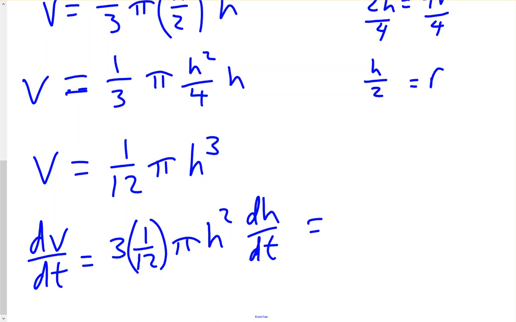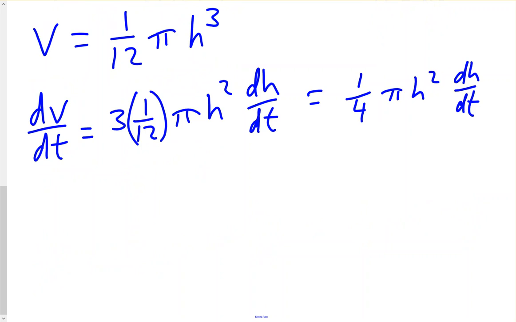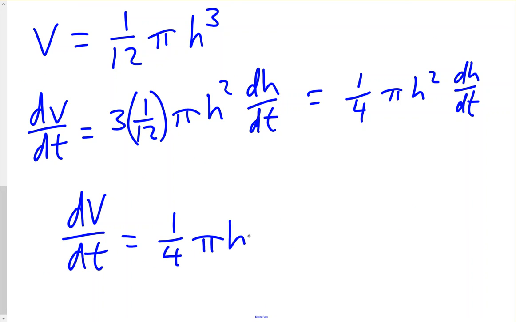Okay, 3 times 1/12, that's 3/12, so 1/4 pi h squared dh/dt. Okay, so now we have our formula, dV/dt equals 1/4 pi h squared dh/dt. And now we're ready to plug in.